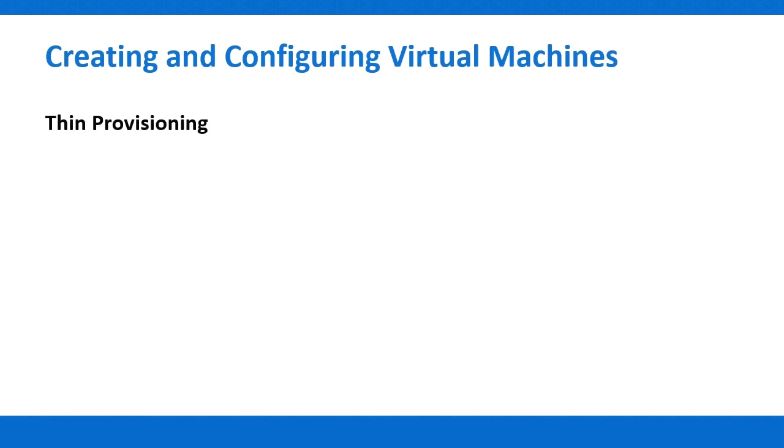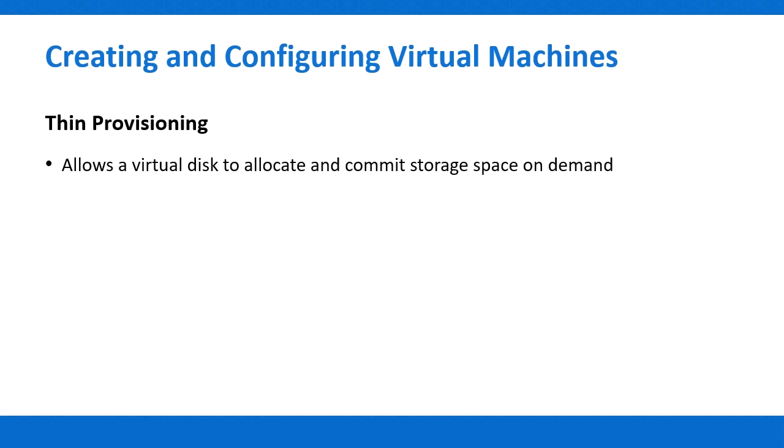Now, another concern when you're planning for virtual disk, or a concept that's critical to understand, is thin provisioning. Thin provisioning allows virtual disks to allocate and commit storage space on demand, and then use only the storage space that they currently require.